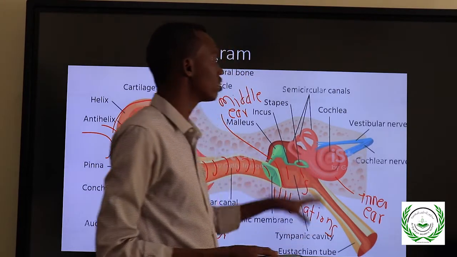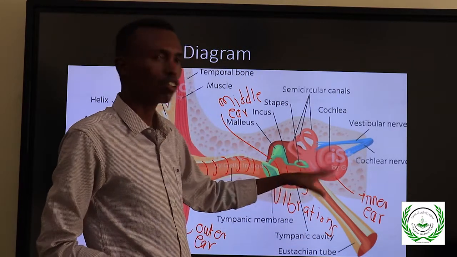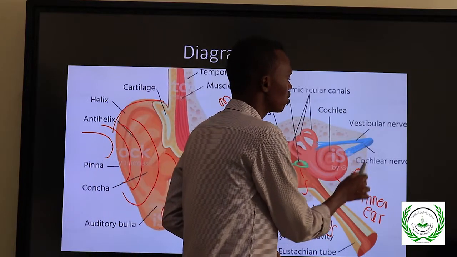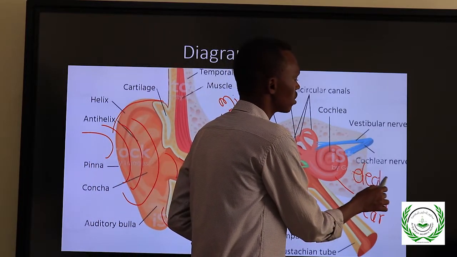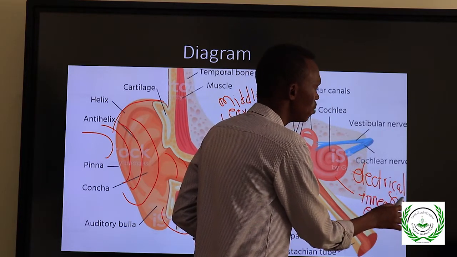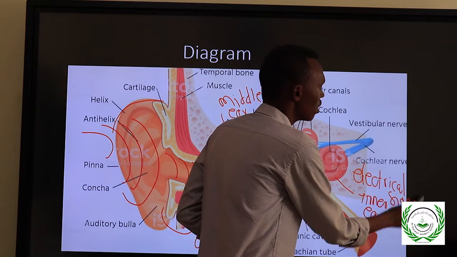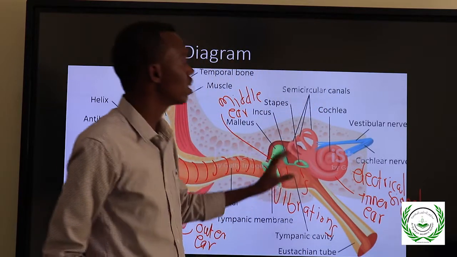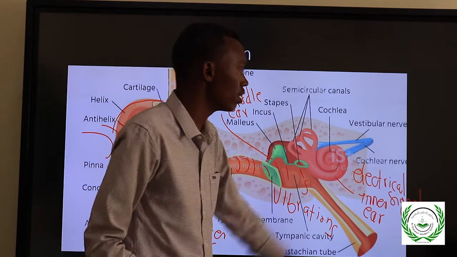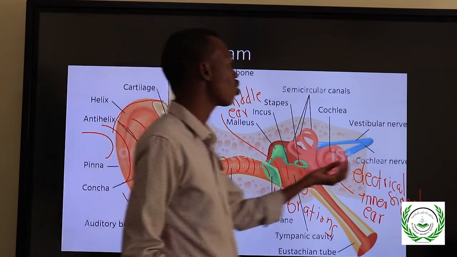The cochlea then changes the sound waves into electrical impulses, electrical signals. These electrical signals are then transmitted to the brain by the auditory nerve, or cochlear nerve.